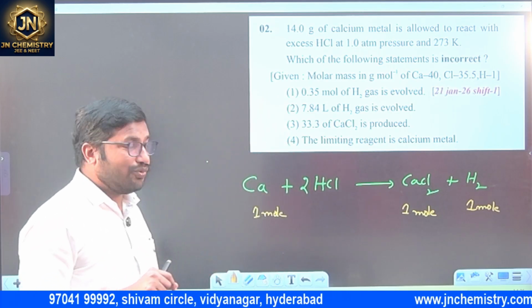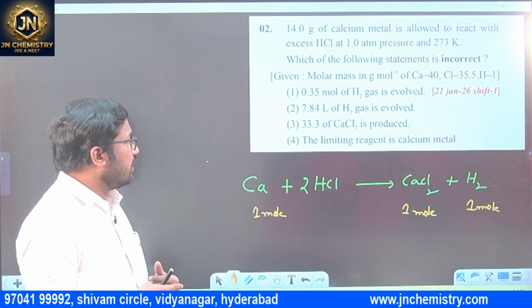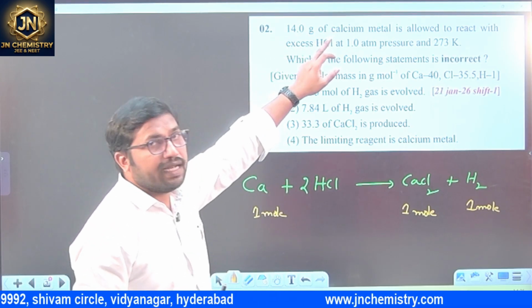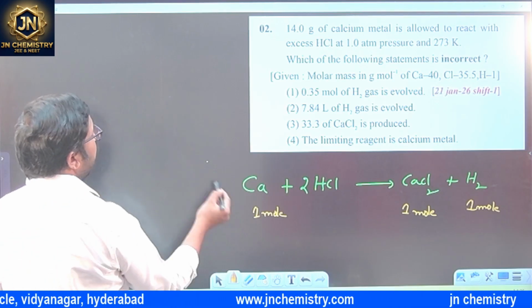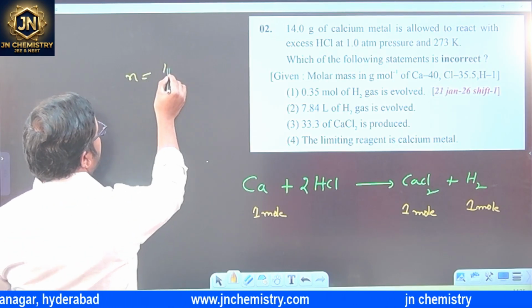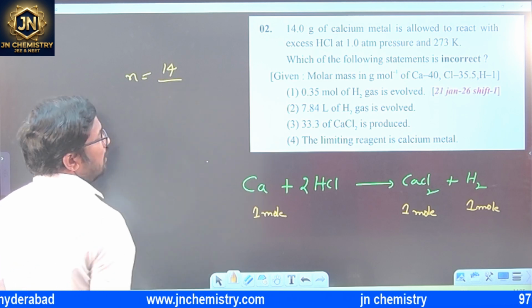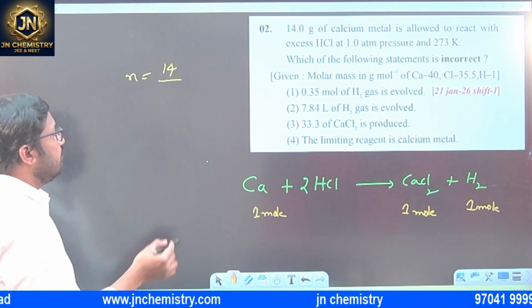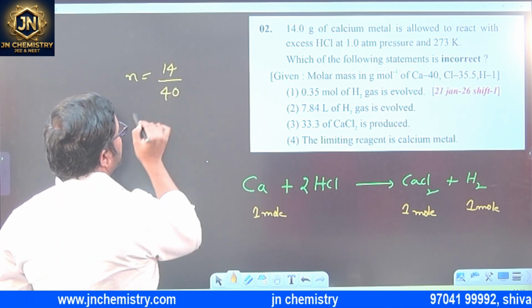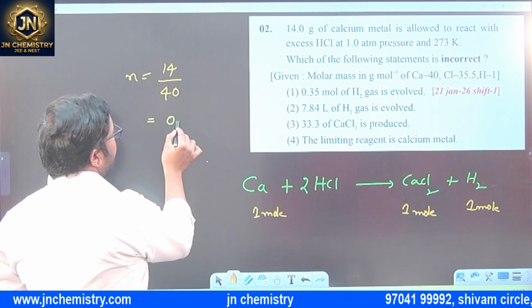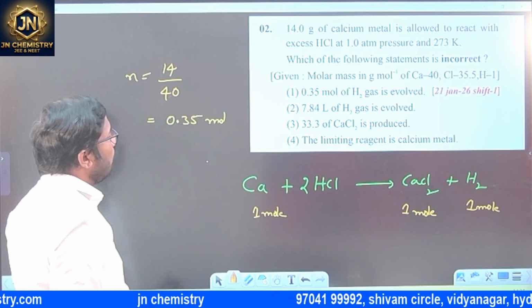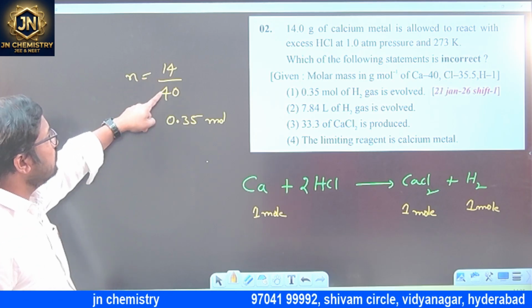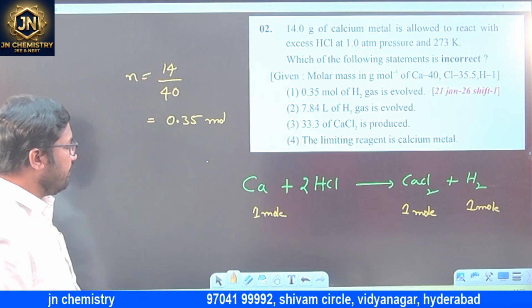This is the basic information we need to know. Then 14 grams of calcium metal is given. Number of moles is 14 by the molecular weight of calcium. Calcium is 40. So 14 by 40 gives 0.35 moles.